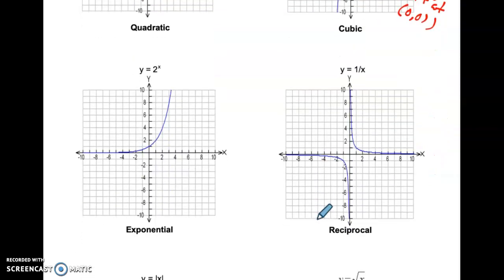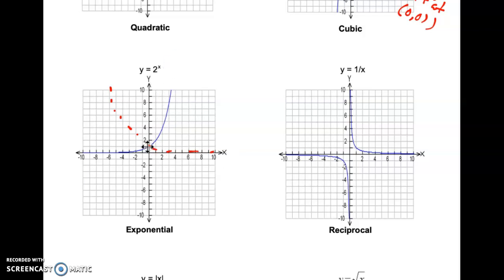Next, you learned about exponential functions like y equals 2 to the x. When the base, in this case the 2, was greater than 1, it was an increasing function, so as you go from left to right, it is always going up. When the base was a fraction between 0 and 1, it would have been a decreasing function, and it went the opposite direction: it started high and then went low.